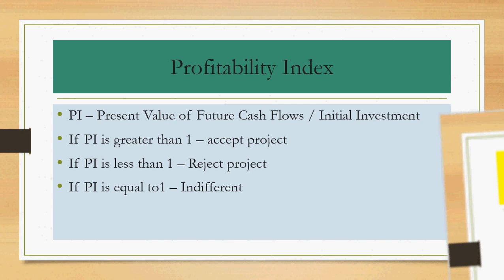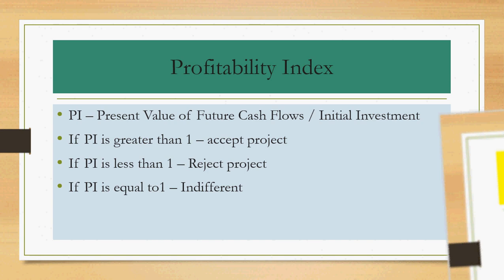We can calculate profitability index with the formula: present value of future cash flows divided by initial investment. I repeat, profitability index is equal to present value of future cash flows divided by initial investment.